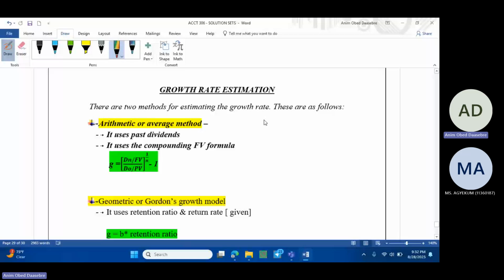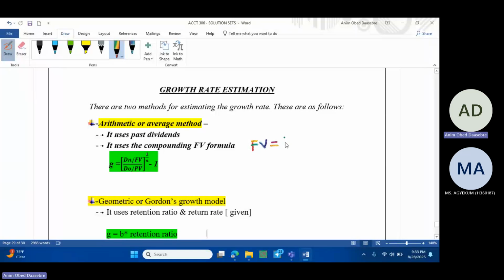So this formula is gotten from this formula. So we say that it uses the compounding future value formula. So if you want to find your future value, this is how to find it.